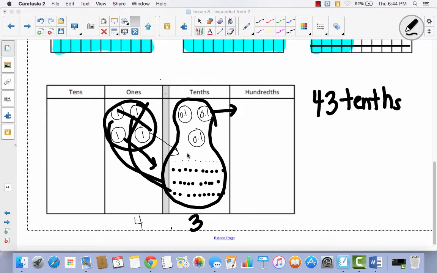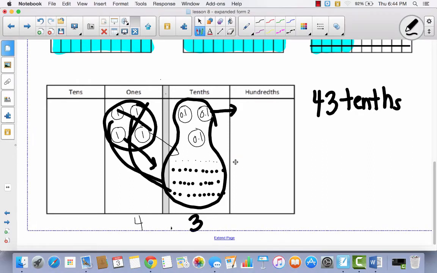What if we took these 10, and we know that there's 10 here, and this would be 10 for every single one? How many would that be? 10 tens would be 100. So what if we said, okay, that would be 100. This would be 100. This would be 100. This would be 100.